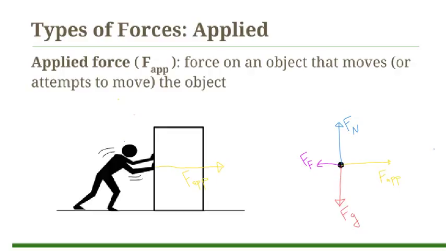Okay? And so at this point, what I hope that you can see is that when I drew my arrows, my applied force was bigger than my force of friction. If my applied force is bigger than my force of friction, what do you think is going to happen to the object? Is it going to stay stationary or is it going to move?